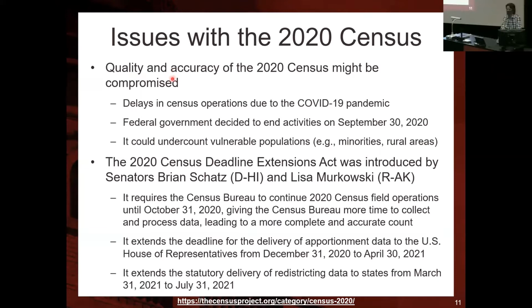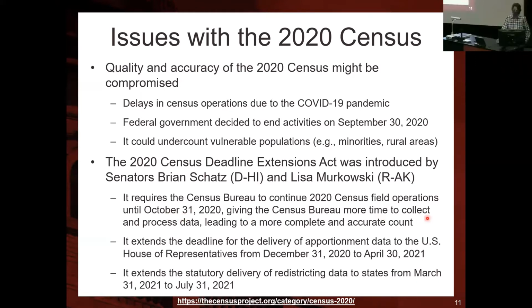The 2020 Census Deadline Extension Act, introduced by Senators Schatz and Murkowski, tries to require the Census Bureau to continue field operations, not only until tomorrow, but extend them until October 31st.